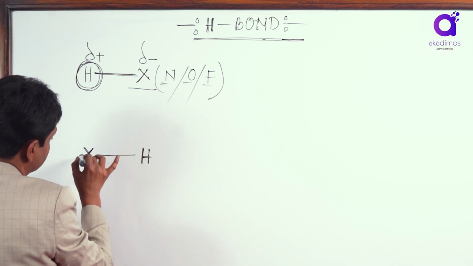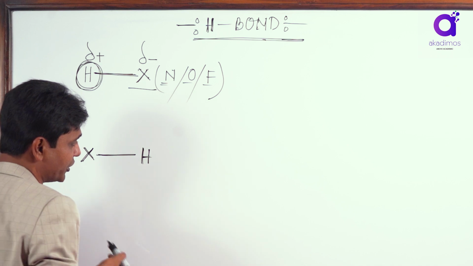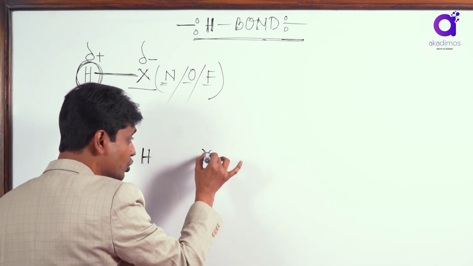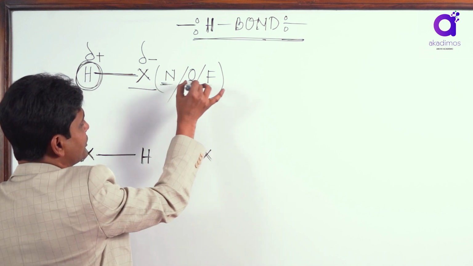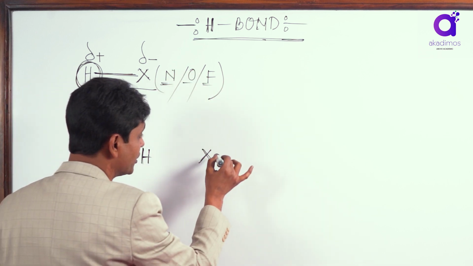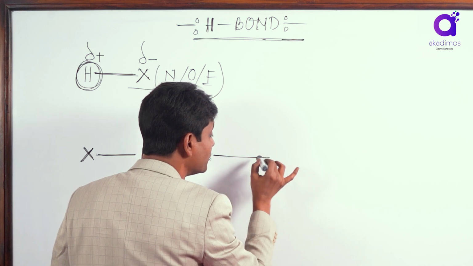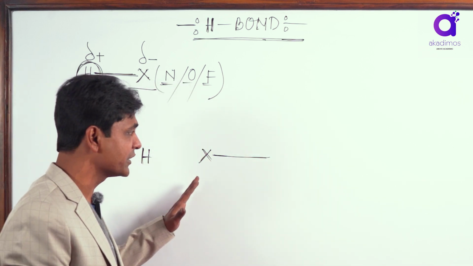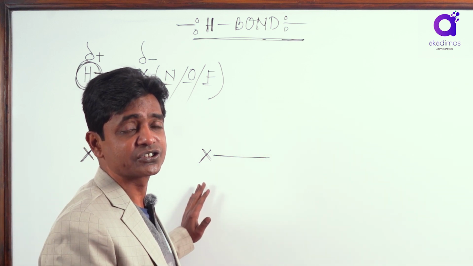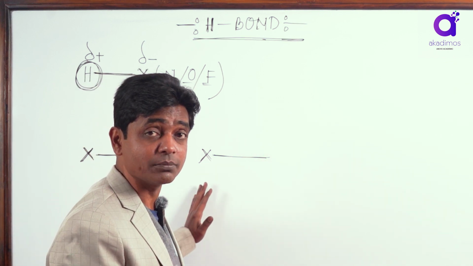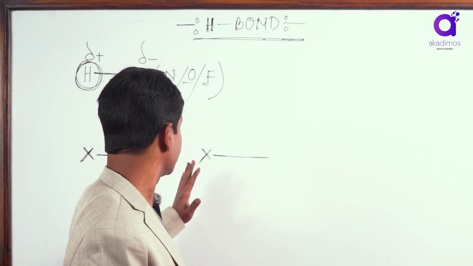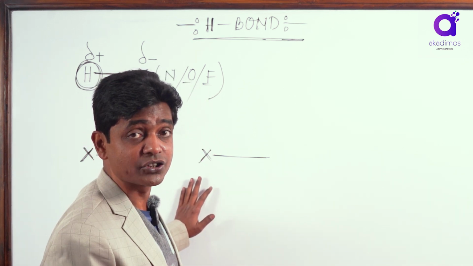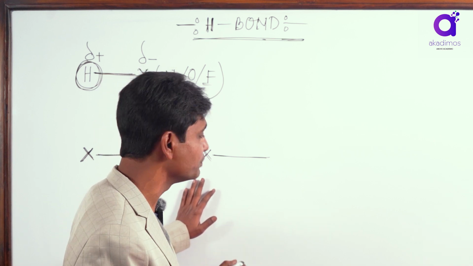The condition: it is attached to nitrogen, oxygen or fluorine, a small size electronegative atom. Here also X equals nitrogen, oxygen or fluorine of another molecule, or it may be in the same molecule. If another molecule, then it is an intermolecular hydrogen bond. And if it is in the same molecule, then it is an intramolecular hydrogen bond.